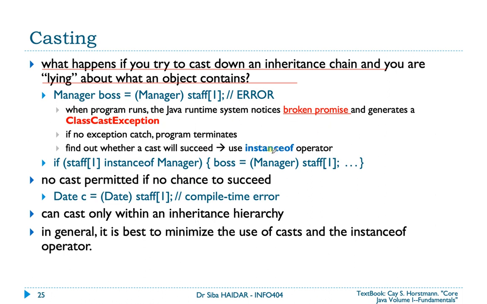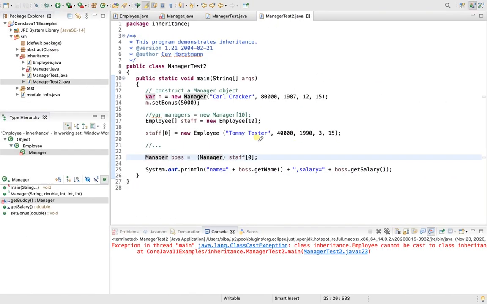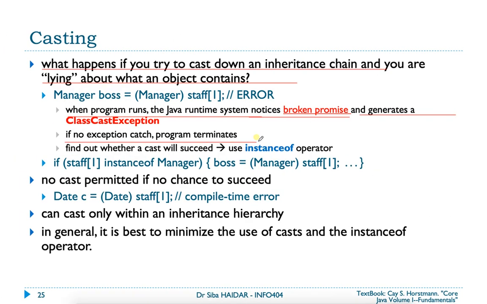For example, the example we said, when a program runs, the Java runtime system notices this broken promise and generates a ClassCastException. If there is no catch for this exception, just like our program, we didn't put it in try catch, the program will terminate.